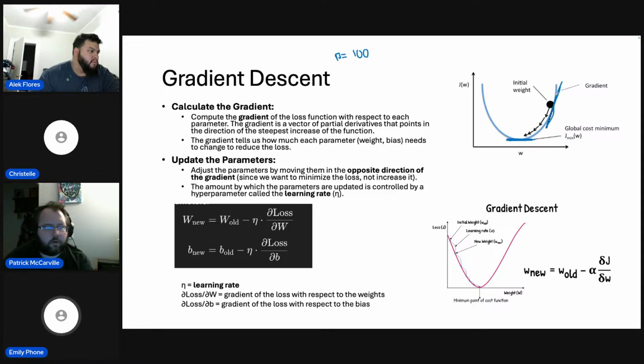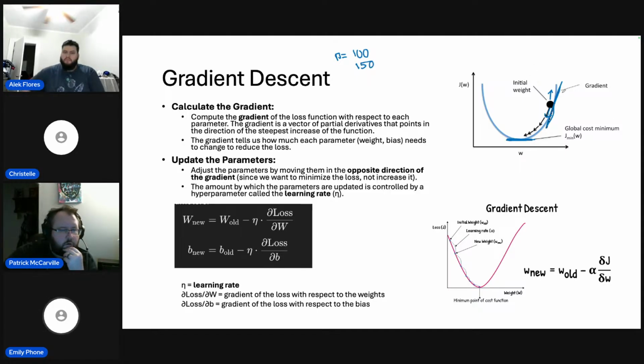And so the gradient can help us know which direction. So if we know our gradient, we know we don't want to go up, right? We know we want to go down. We don't want to go to 150. We can already tell that's not going to help us because we want to go down to the bottom of the hill. So that's what the gradient can help us do.